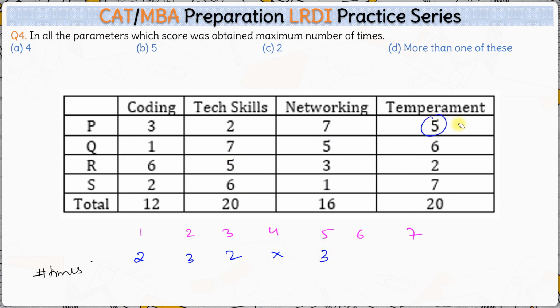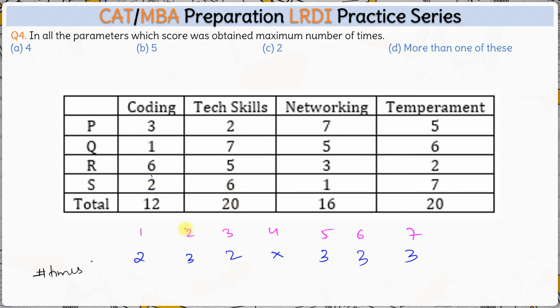Then 6 is obtained 3 times, and 7 is obtained, sorry, 7 is obtained thrice.